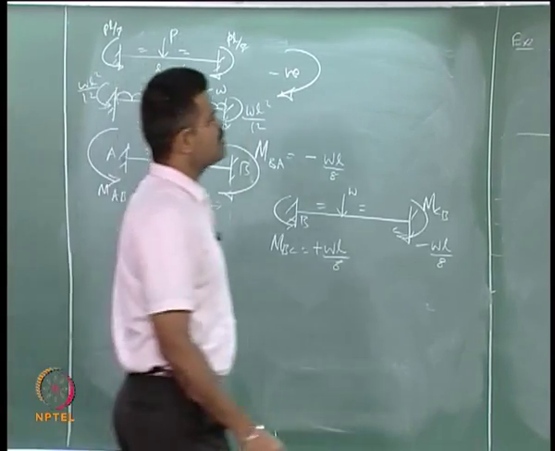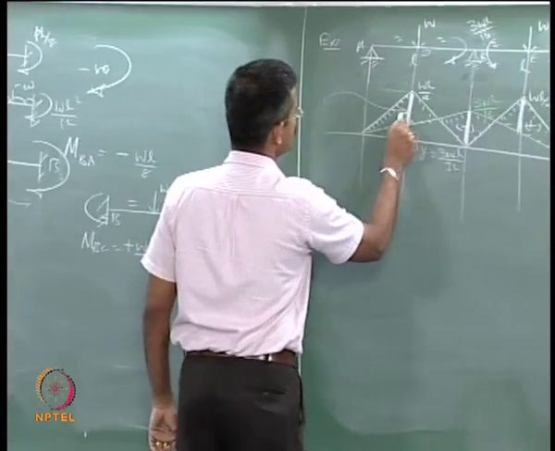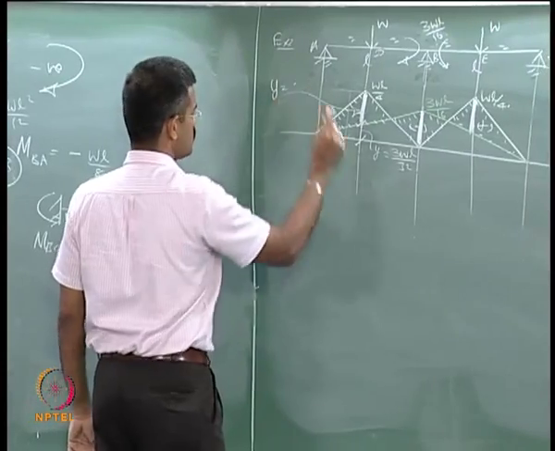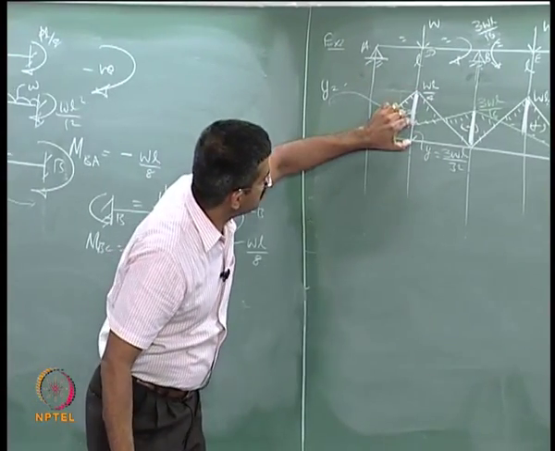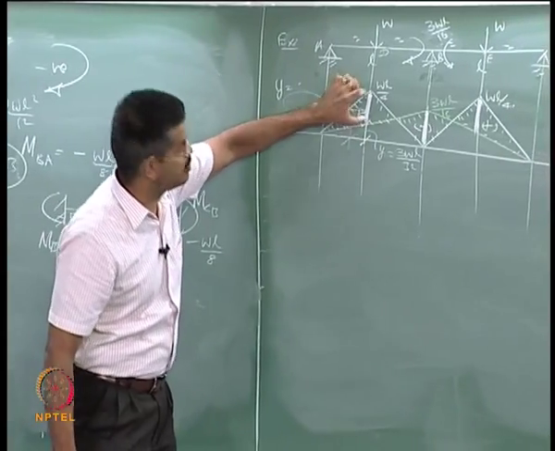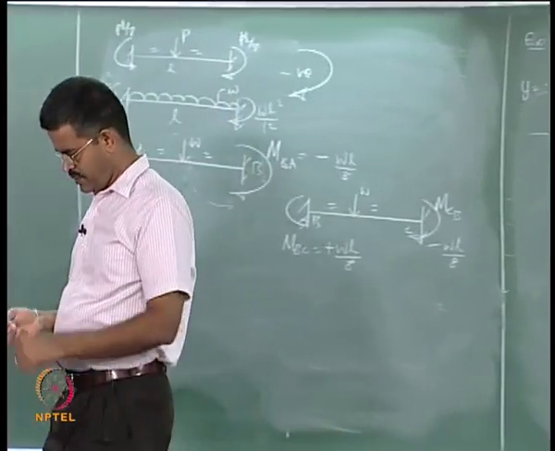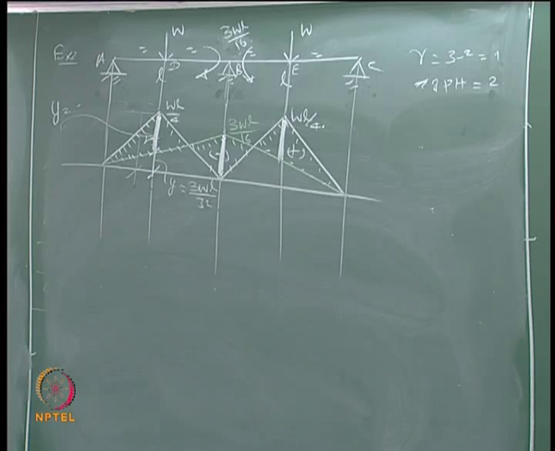Now can you tell me what this value is? I call this Y2. This is WL by 4, this is 3 WL by 32, I want this value. Five WL by, yeah.